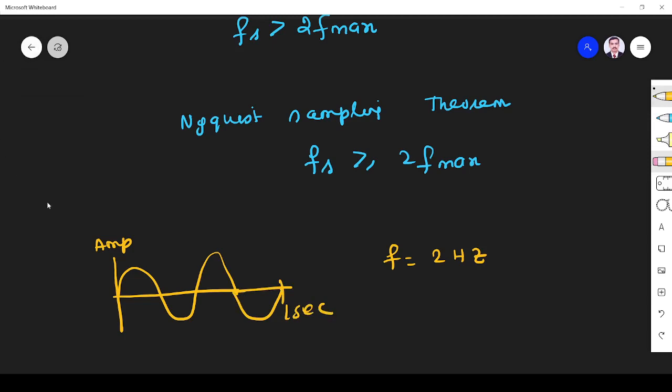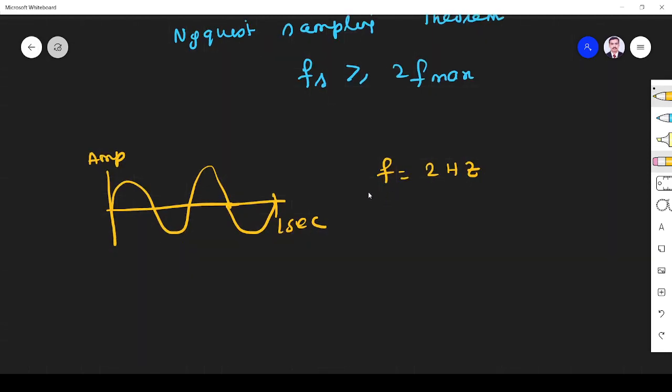What is frequency? It is the number of cycles per second. So the maximum frequency of the signal is 2 hertz. How many samples do I have to take? 2 into f max, 2, that is 4 samples per second. So in 1 second I have to take 4 samples.